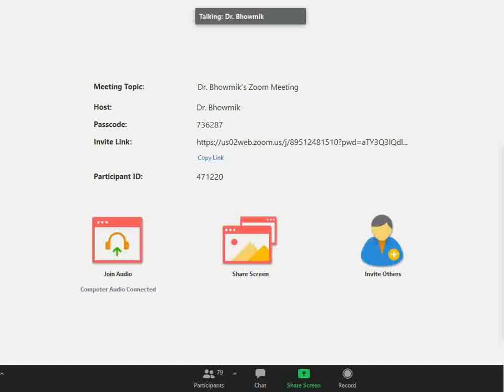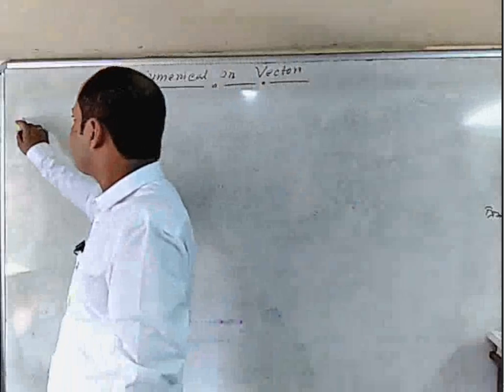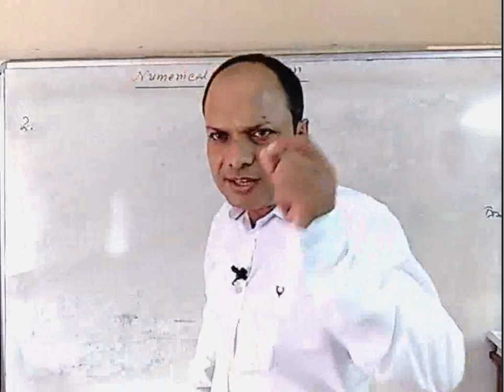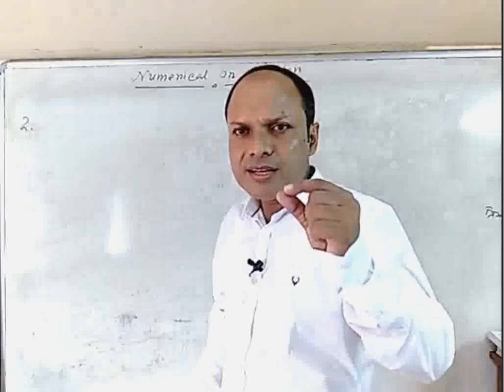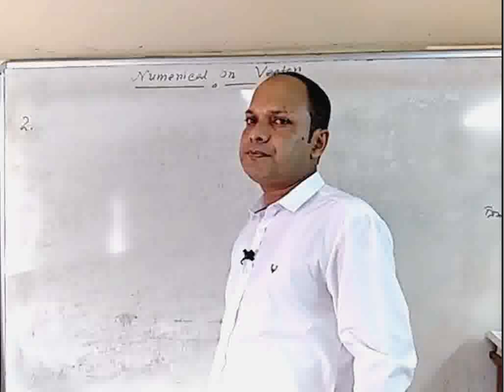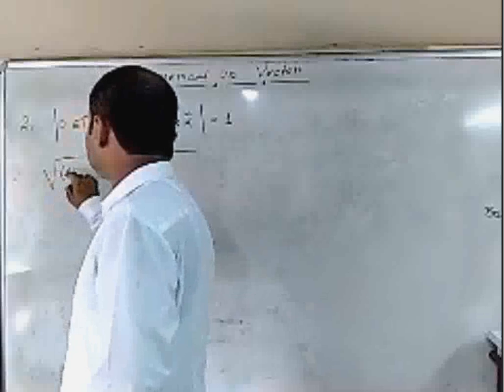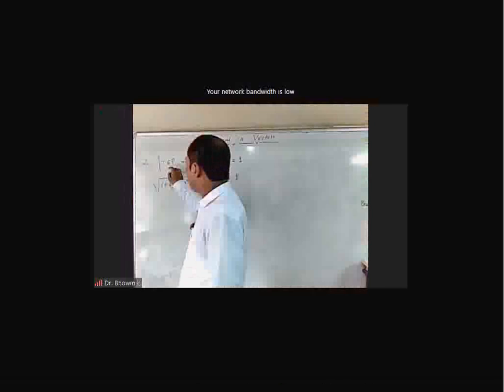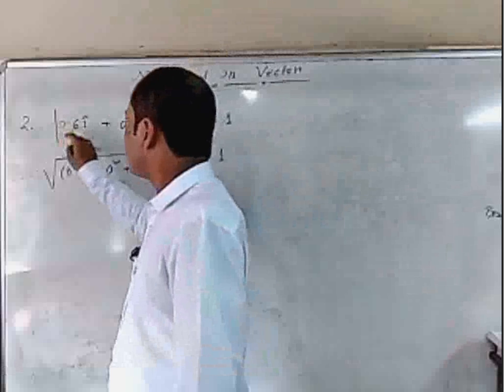How do we have to solve it? If any vector is a unit vector, the magnitude of that vector is 1. Take all the squares: there is i cap, j cap and k cap.